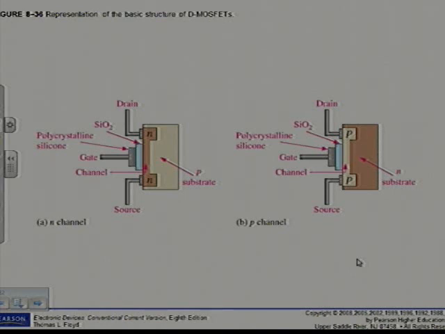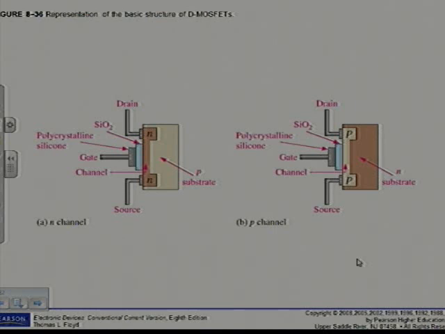The next one we're going to talk about is on page 398 in your books. If you look on page 398, you will find the depletion MOSFET or the D MOSFET. Now I repeat, in this case there exists a channel between my drain and my source. In this case, we're not going to induce a channel.